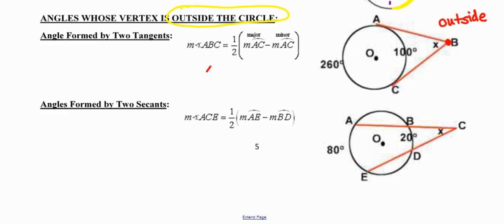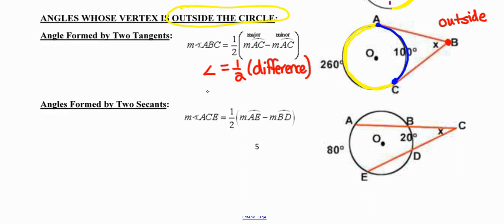So I almost would say the angle is equal to half of the difference of the two arcs. And the two arcs we're going to find first by looking at the major arc, the arc that's greater than 180 degrees, and secondly by looking at the minor arc. And I'll show you a little trick to help find these arcs again when you come back to class.